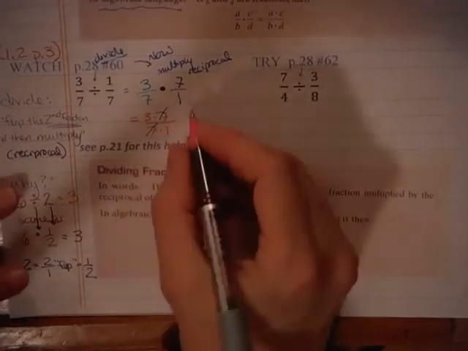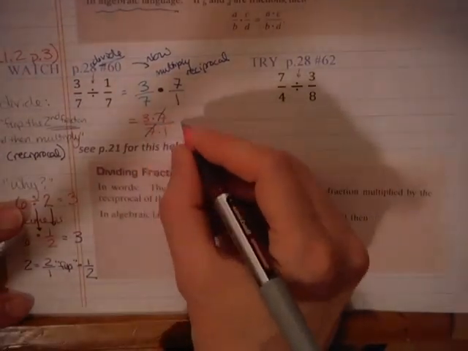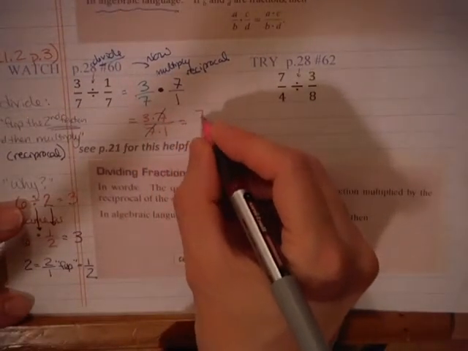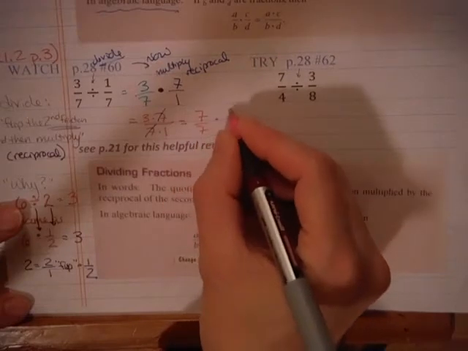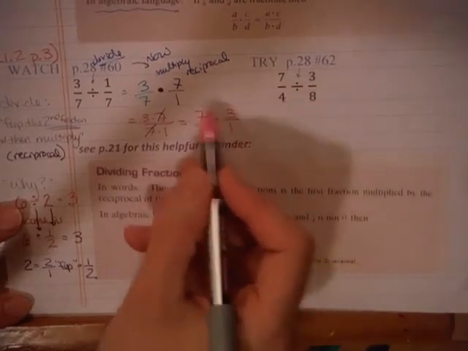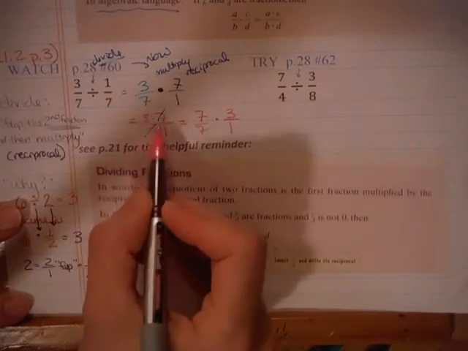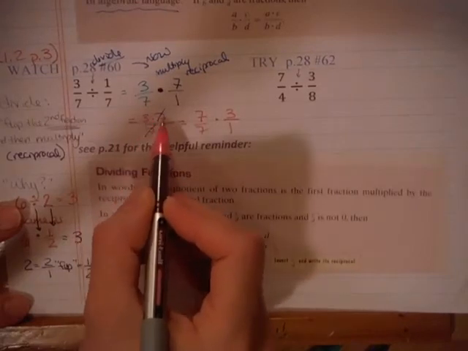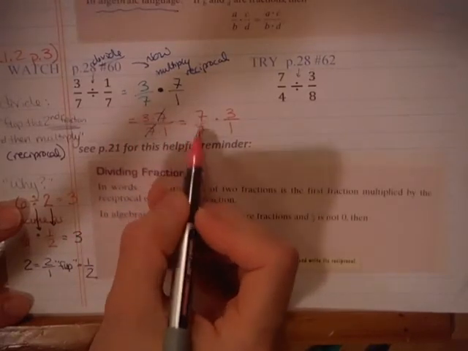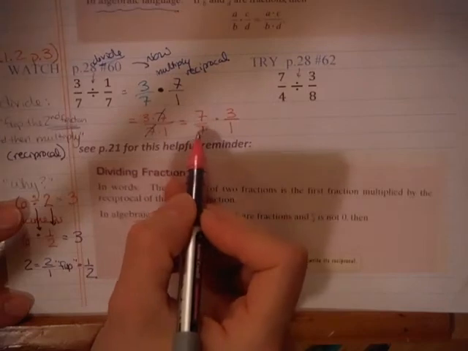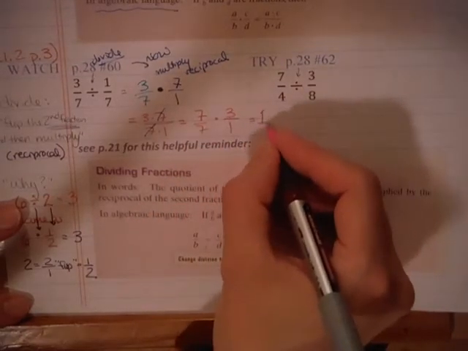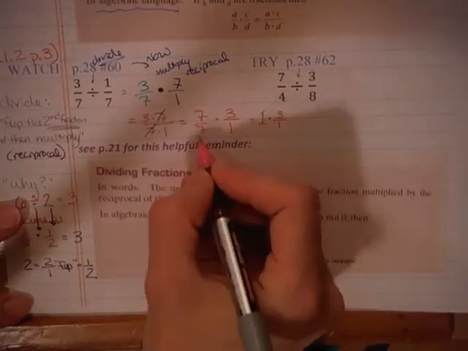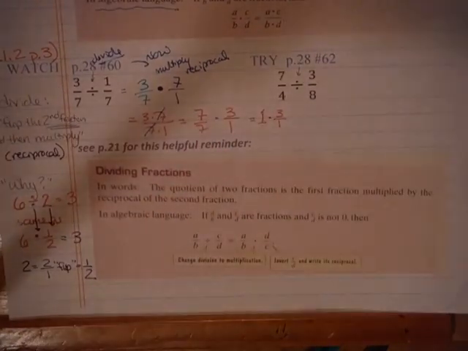And the reason why is because what we're not showing here in this step is that can be rewritten as 7 over 7 times 3 over 1. That would get you the same result. Multiplication can be switched around. 3 times 7 is the same as 7 times 3. And then 7 over 7 can be pulled out, and that's really just equal to 1 times 3 over 1. 7 over 7 is a way of just describing a whole pie.